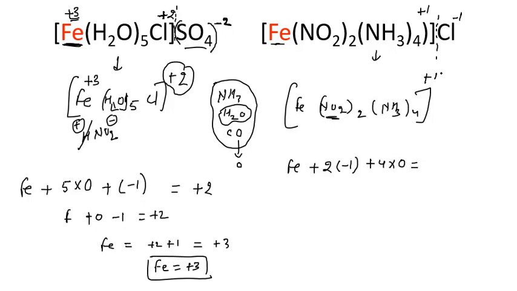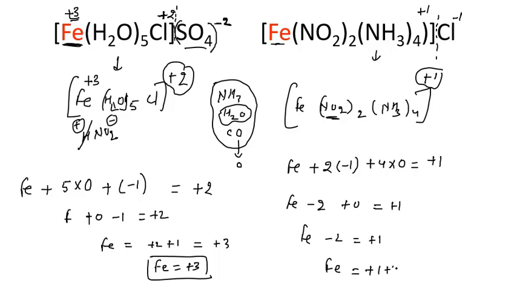Then total charge is plus 1. Then Fe minus 2 plus 0 is equal to plus 1. Then Fe is equal to plus 1 plus 2, and it will show plus 3 oxidation number. Then Fe shows plus 3 oxidation number.